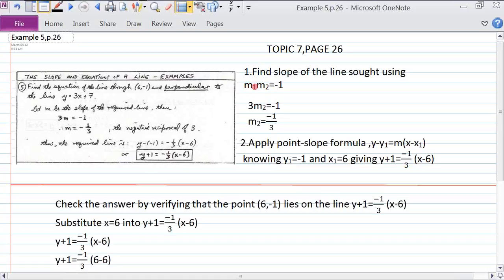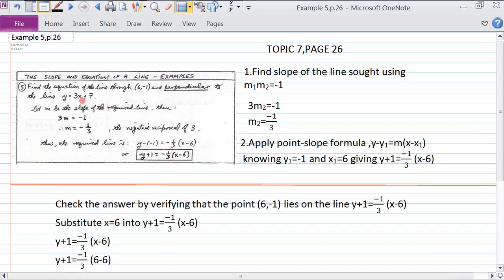If the first line is m1 and the second line is m2, then the product, if they're perpendicular, equals minus 1. So we know that this first one has a slope of 3. Let's say m1 has a slope of 3. Then we want to compute m2, and m2 equals minus 1/3.